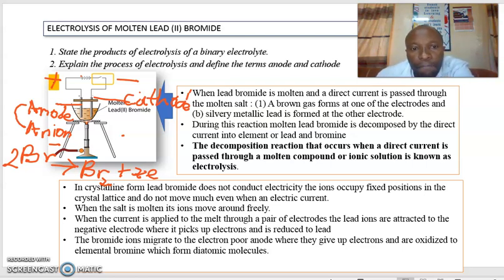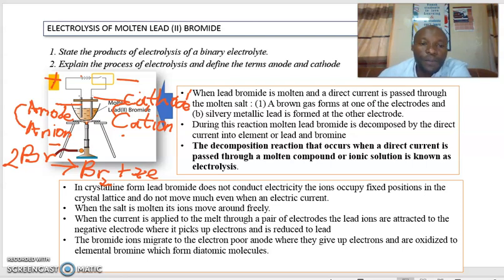The cations move to the cathode because the cathode is negatively charged and the cation is positively charged. So a cation moves to the cathode, and an anion moves to the anode.